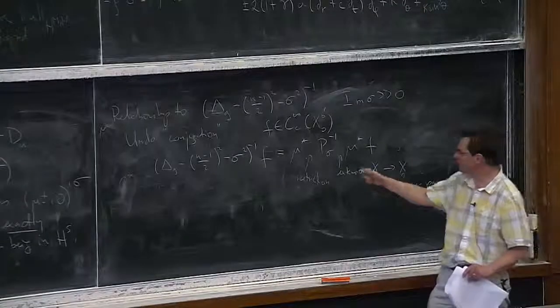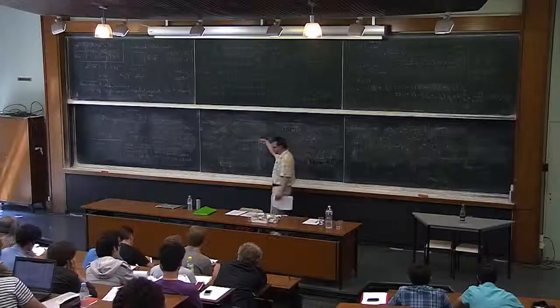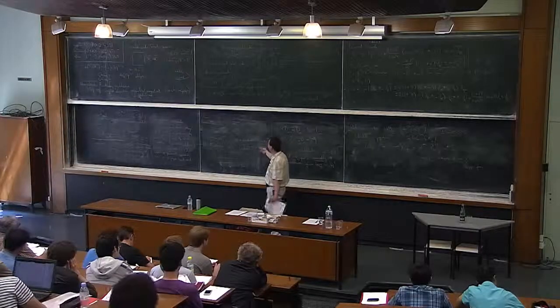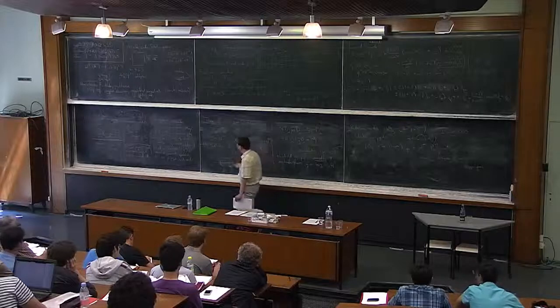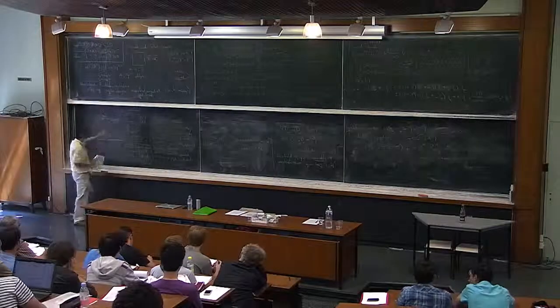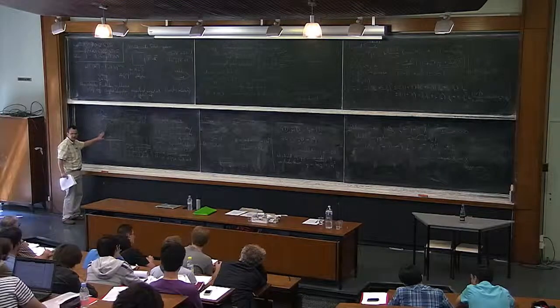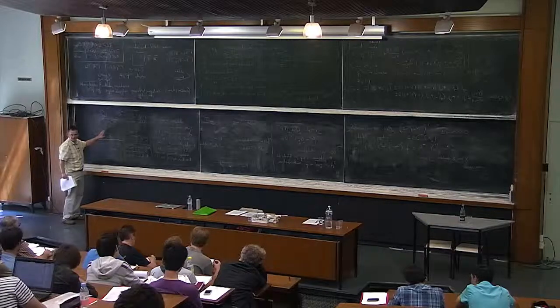What does this operator do? It not only has this Fredholm property, but it also satisfies propagation of singularities and everything we've talked about. So in particular, if you apply the inverse of this operator to something that was C infinity, it will produce something that's C infinity.